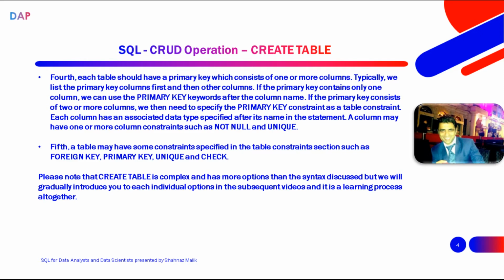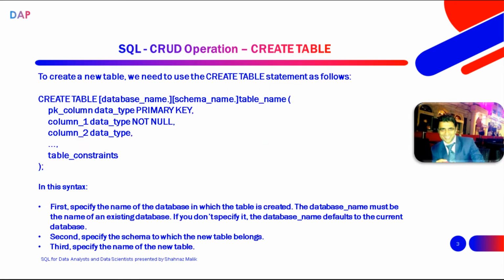So the fourth point was each table should have a primary key which consists of one or more columns. Typically we list the primary key columns first and then the other columns, and that's what I have shown here as well. Here is the primary key at the beginning.